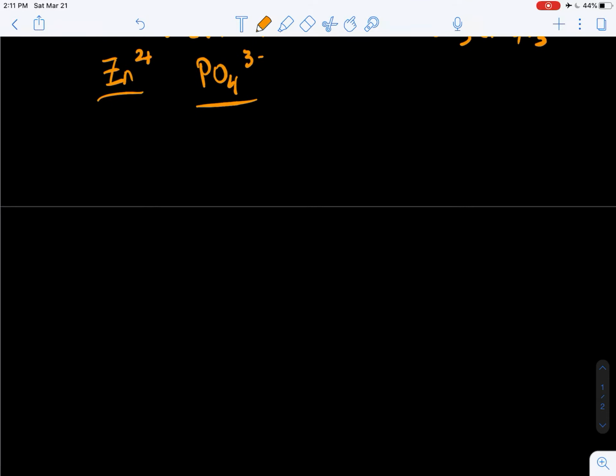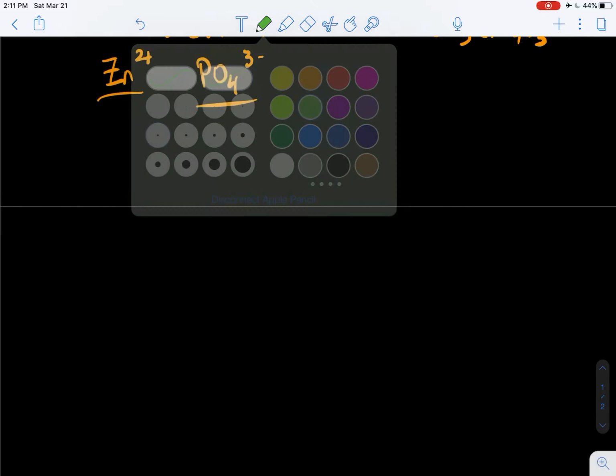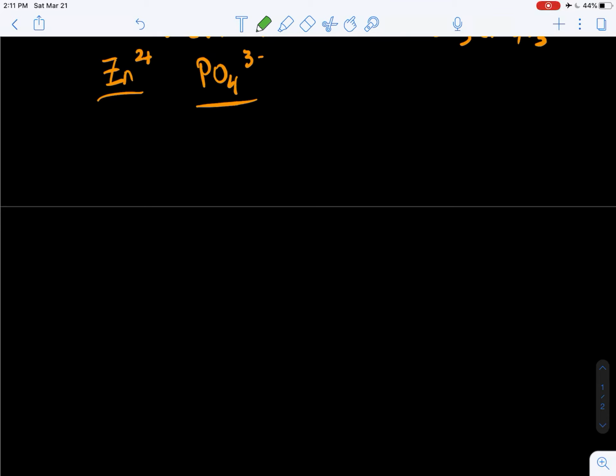So let's go ahead and write this equilibrium out. Zinc phosphate. Okay, there's 3 zinc ions.